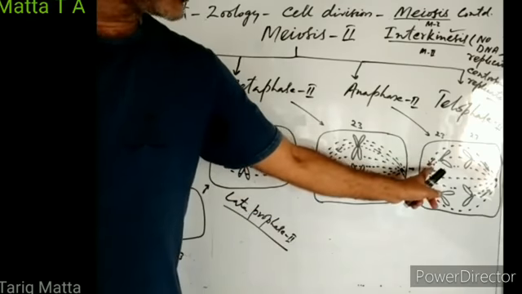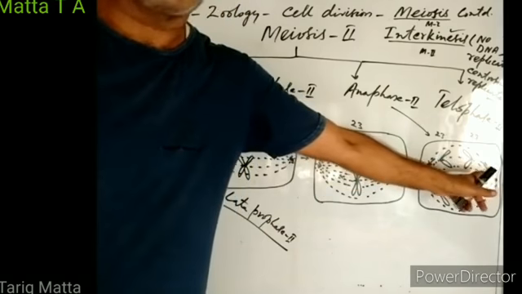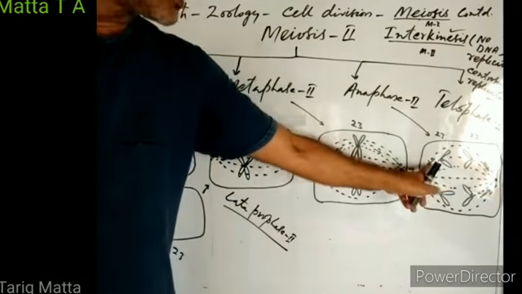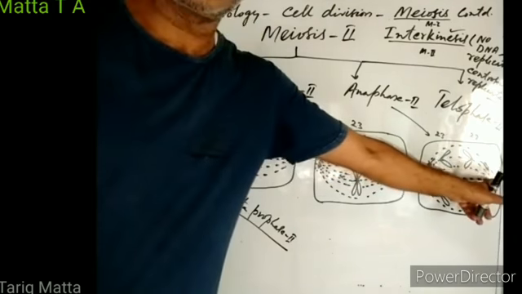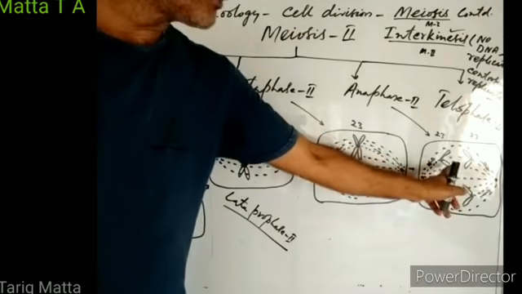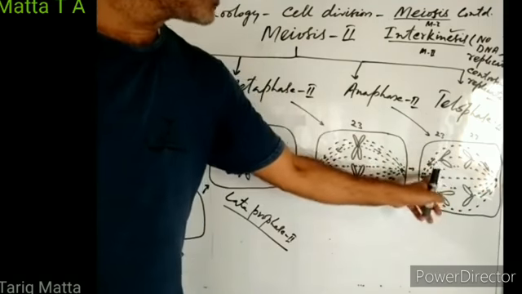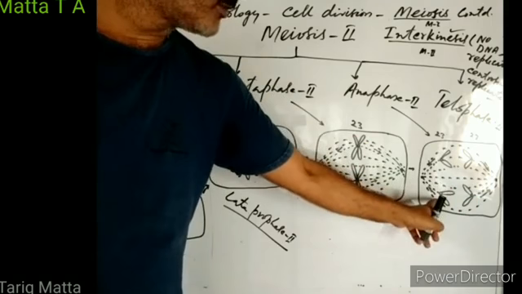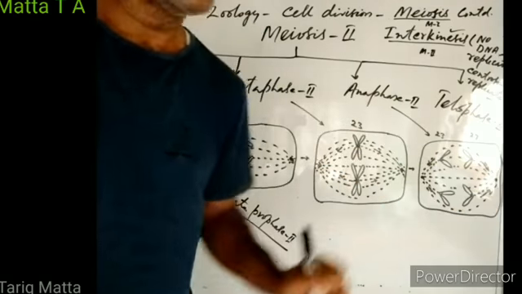When these kinetochore spindle fibers shorten simultaneously, they pull the chromosome towards this side and that side, and the chromosome breaks in the middle, separating one sister chromatid from another. In this way, 23 sister chromatids will reach this side and 23 sister chromatids will go to the other side.